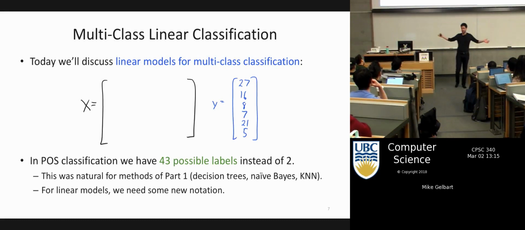So those could be whatever. It doesn't matter, right? You're just taking the most popular one and predicting that. For decision trees, when we get to a leaf, we're just taking the most popular class and predicting that. And for naive Bayes, we just need to store these conditional probabilities, and if there are more possible classes, we need to store more things, but everything generalizes really naturally.